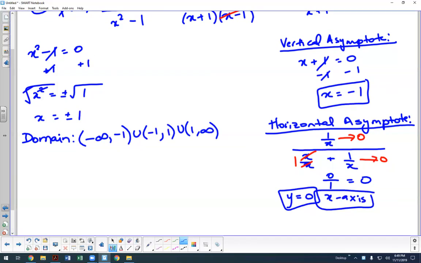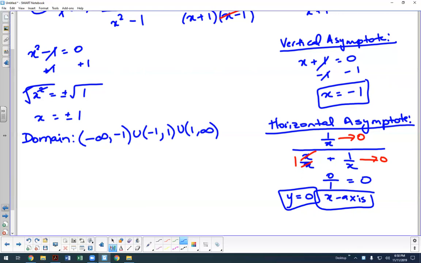Okay, so we're going to have to actually see what happens since I do have a vertical asymptote at -1, but there's no vertical asymptote at +1, and we're saying our domain does not include +1. So we're actually going to have to see how our graph gets affected because of that extra value where our domain is not included.